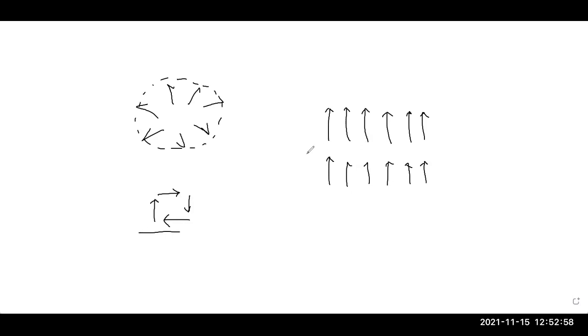You could have a current carrying wire, and you've got your magnetic field that goes around it. If you included the wire, that wouldn't be allowed, but you could look at this region over here, and that would have a stable magnetic field through it if the current wasn't changing.